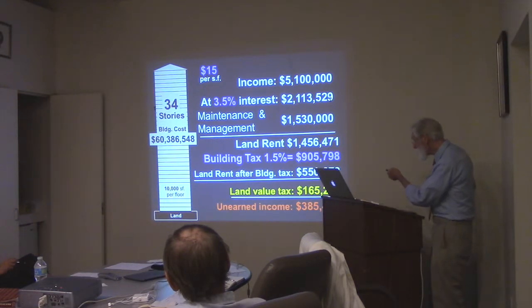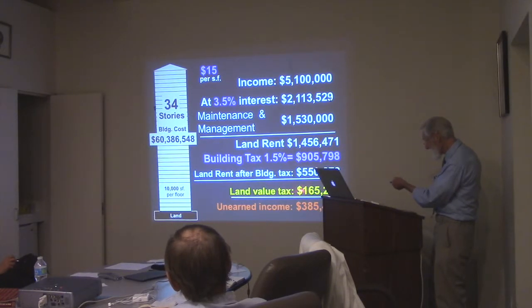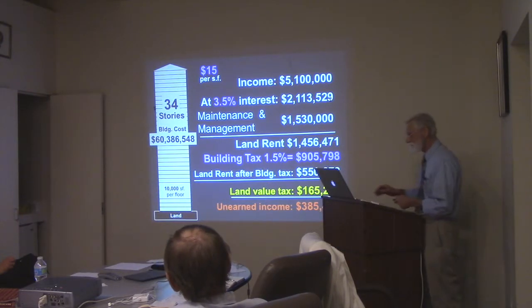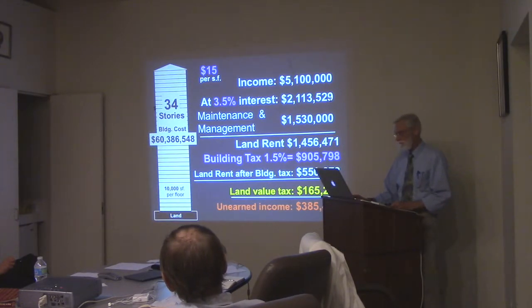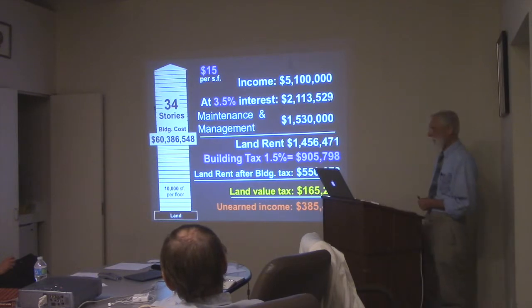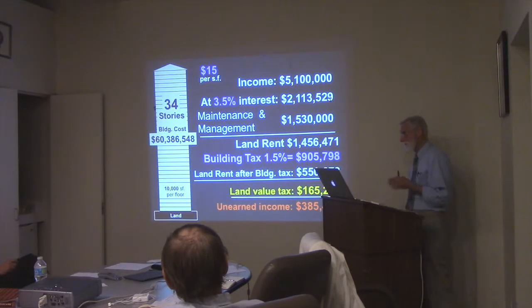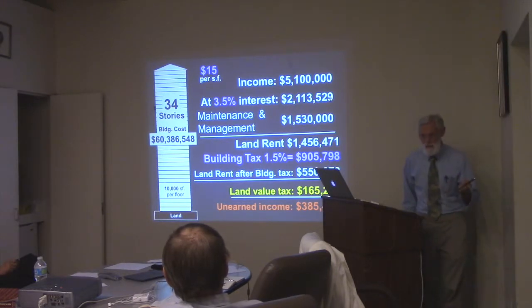And the city gets over $1 million, 905,798 plus 165,000. They got over $1 million in revenue. But who paid for it? Every sucker who's got money in a savings account, everybody who's owed money, everybody who's got bonds that are paying fixed dividends.